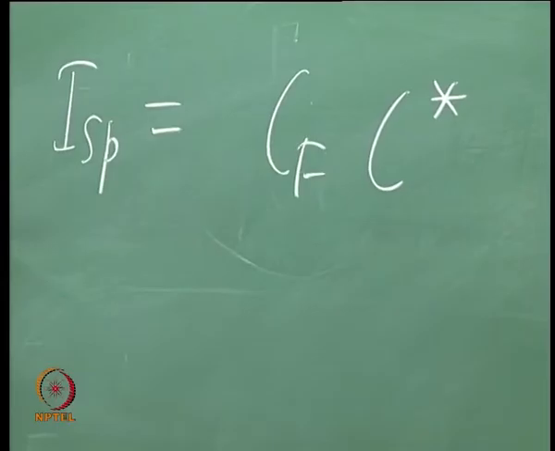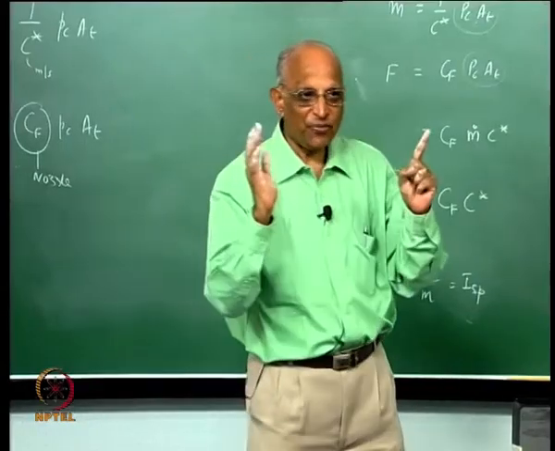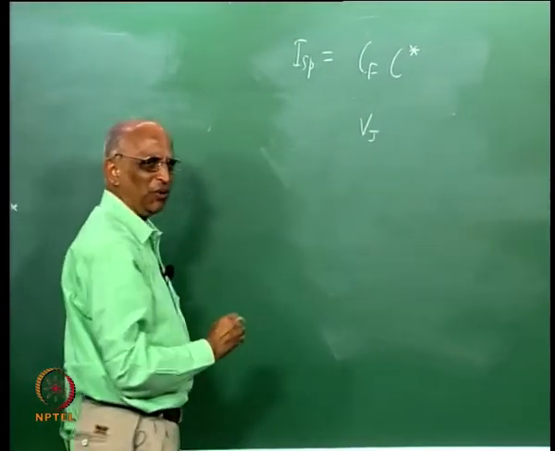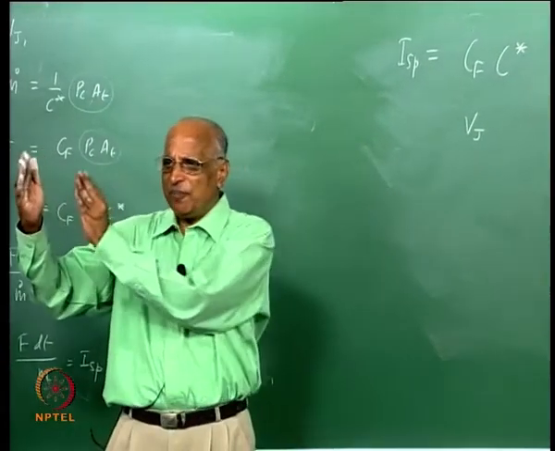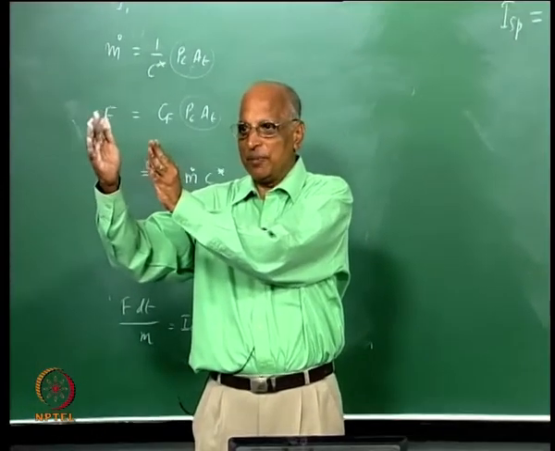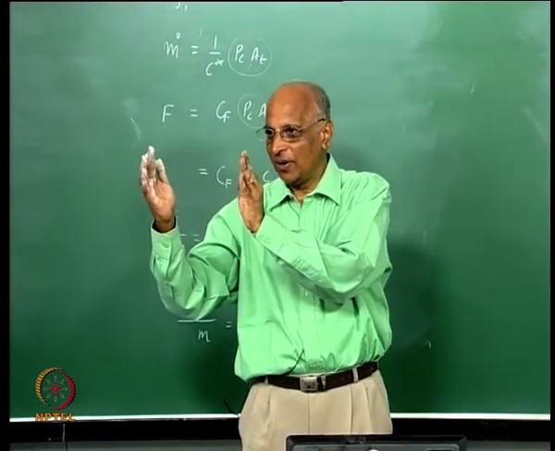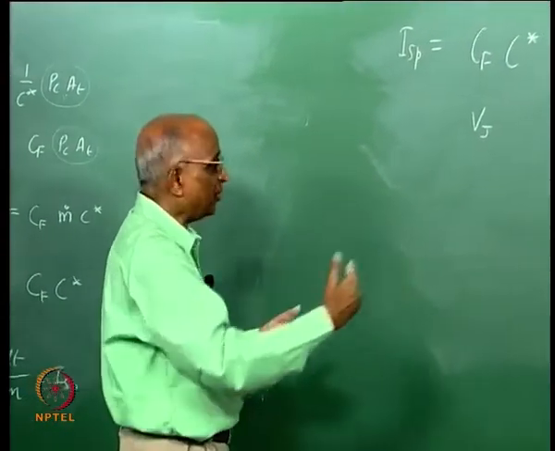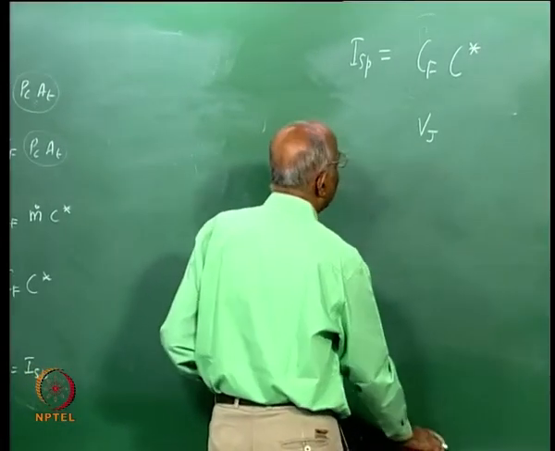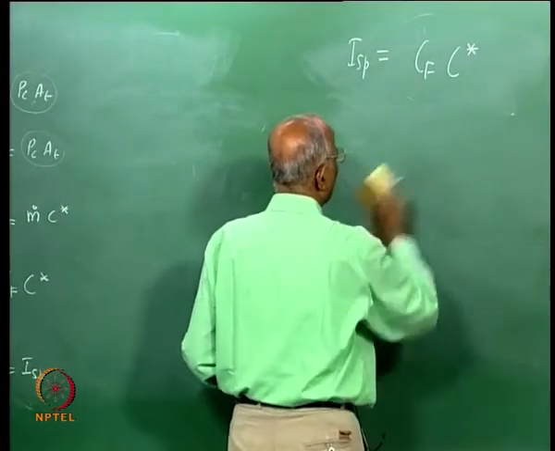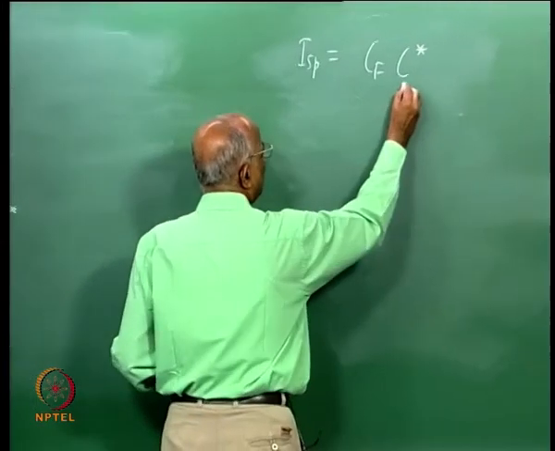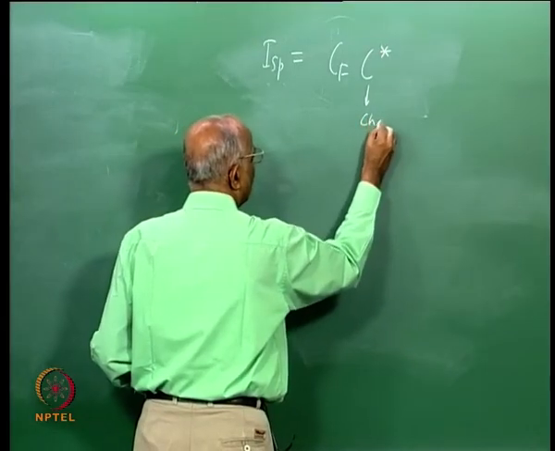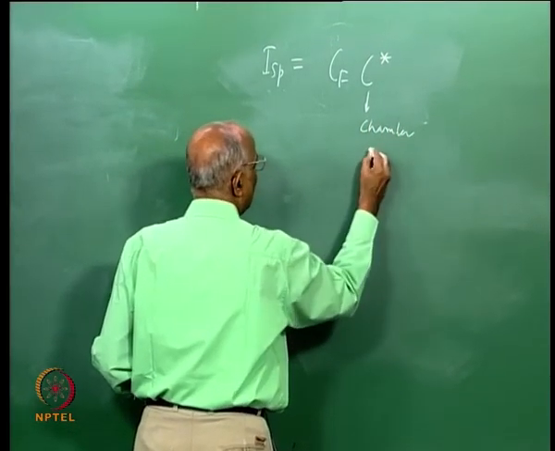But we had got an expression for Isp earlier. The expression for Isp was Vj. What was Vj? Vj was when the exit pressure was matching the ambient pressure. That is when we derived the expression. Now you have the contribution coming from the exit pressure also, and to some extent what is happening, we never considered flow in a chamber. Therefore, what is it telling you? It is telling you Isp depends on the performance of the chamber, and what does the chamber do?